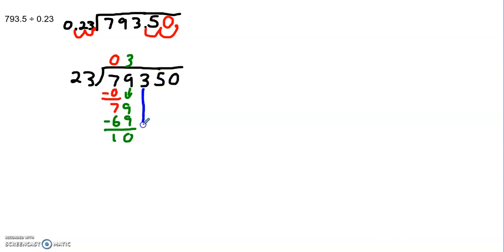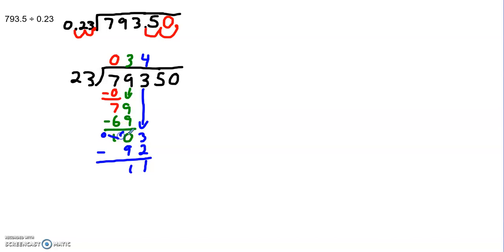Then I bring down the next digit, which is a 3. How many times does 23 go into 103? And the answer is 4, because 4 times 23 is 92. So I'm going to minus 92. 103 minus 92 is going to give me 11, right? 3 minus 2 is 1. This becomes a 0.